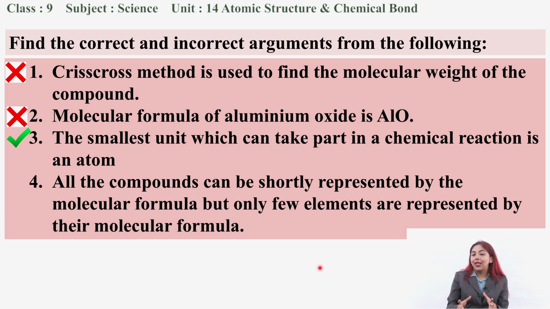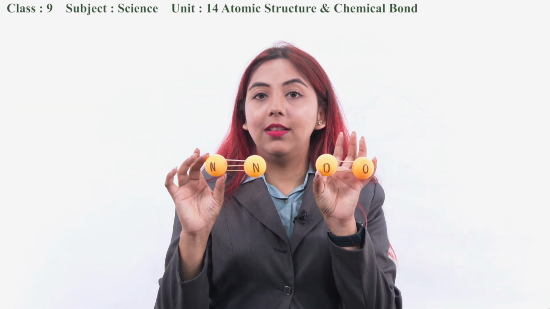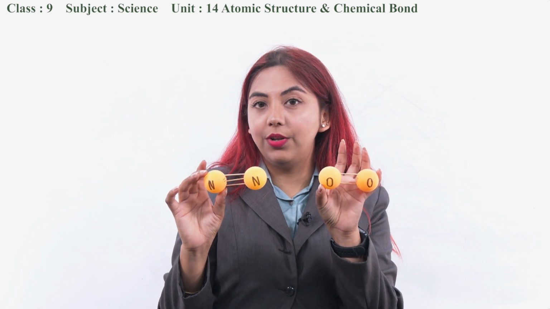We all know that the elements are usually represented by their symbol, but there are a few elements that do not stay in their atomic form. They stay in diatomic form, such as oxygen, nitrogen and hydrogen. Here you can see nitrogen and oxygen, they exist in this way, forming a covalent bond between them.